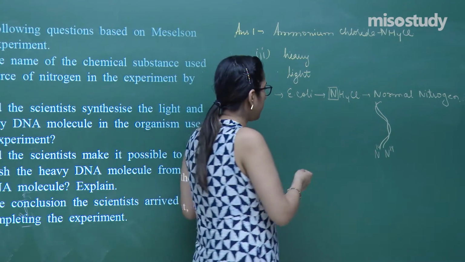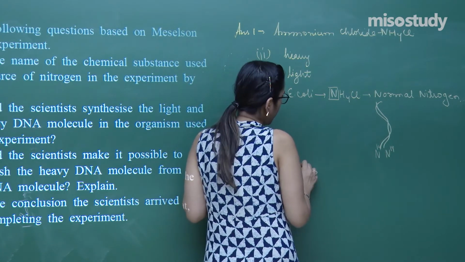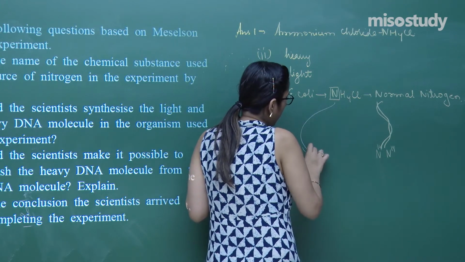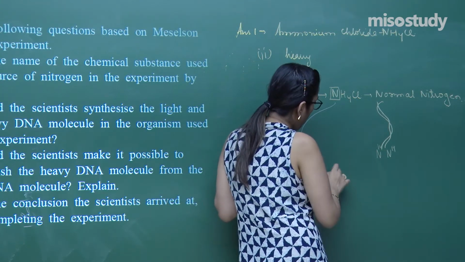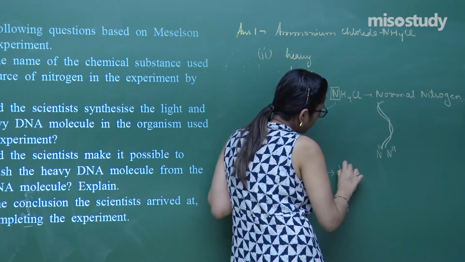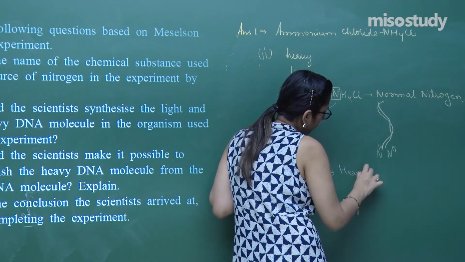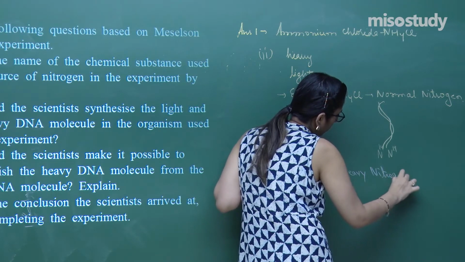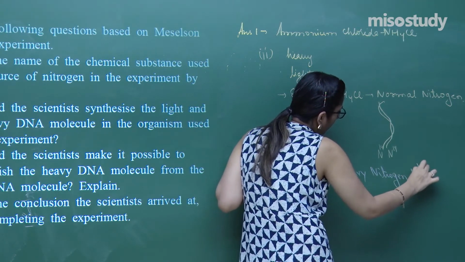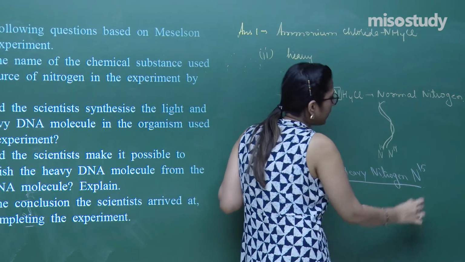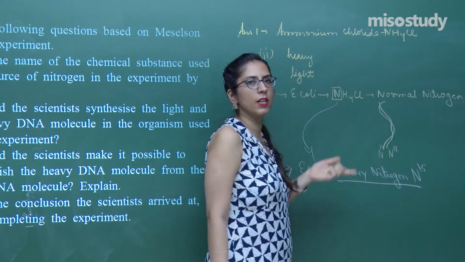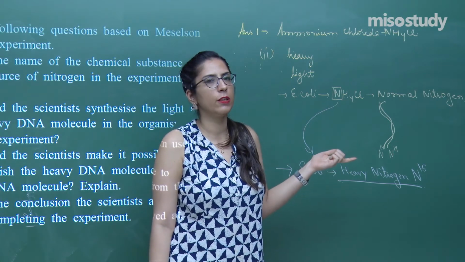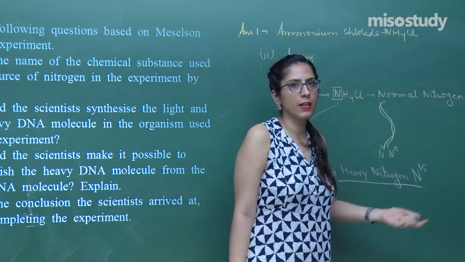After that, he took the same E. coli and allowed it to grow on heavy nitrogen, N15. This time the source of nitrogen was NH4Cl only, but the nitrogen he used was a heavy nitrogen having the N15 isotope.